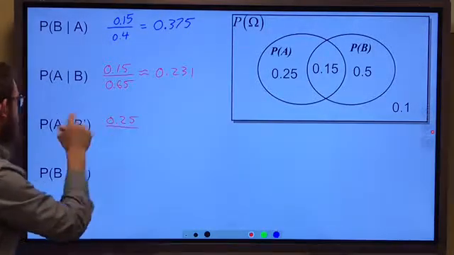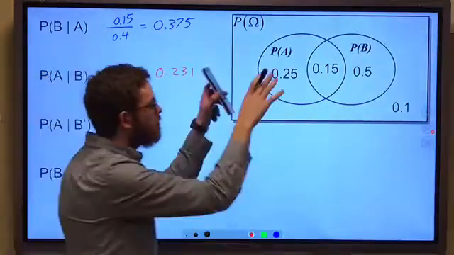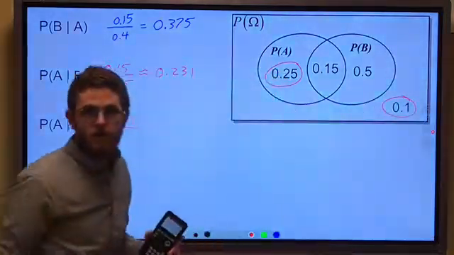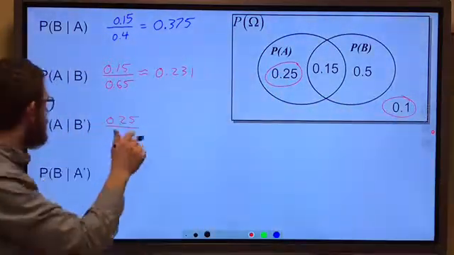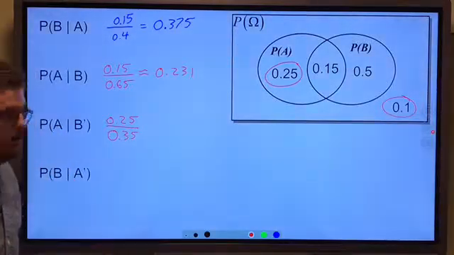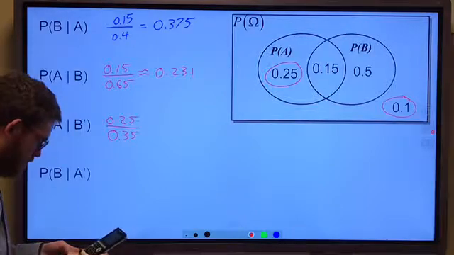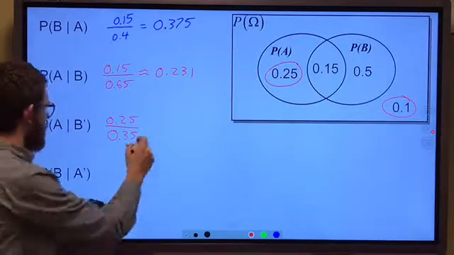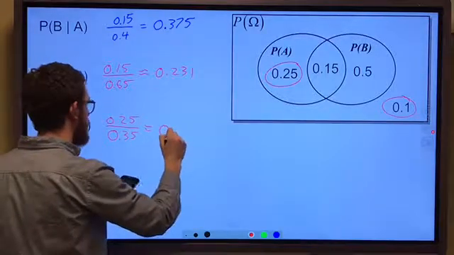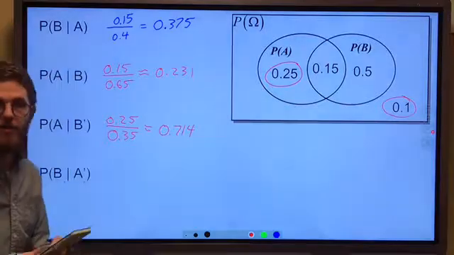We divide that by just the probability of not B. Anything not in B. Well, that's this and this down here. The not B's is 0.35. So this would be 5/7, which comes out to be about 0.714, again, if I round to the thousandth.